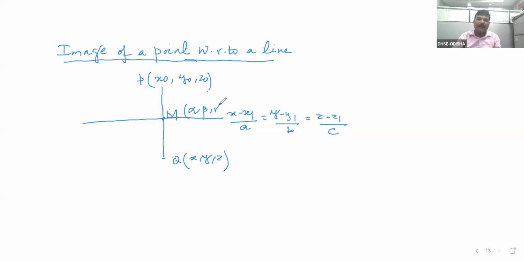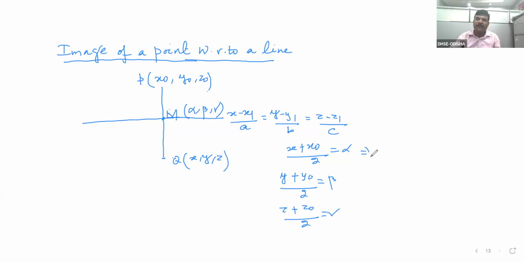beta, gamma). Then (x+x0)/2 = alpha, (y+y0)/2 = beta, and (z+z0)/2 = gamma.